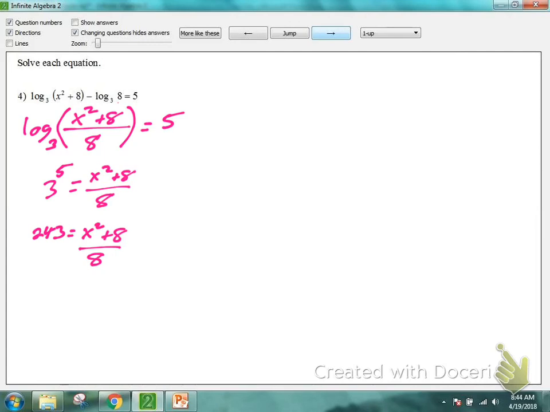Now, what do you need to do next? Multiply 8. Good. Okay, so multiply by 8 on both sides, which gives you a whopping 1944 equals x squared plus 8.